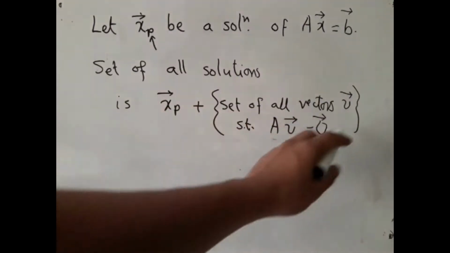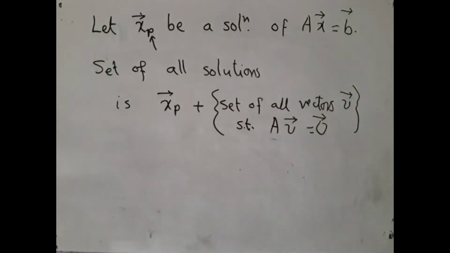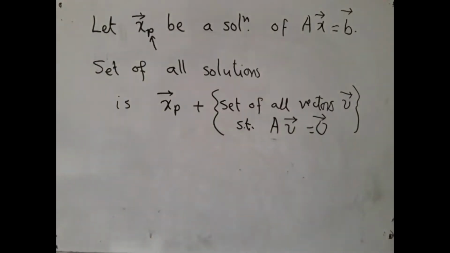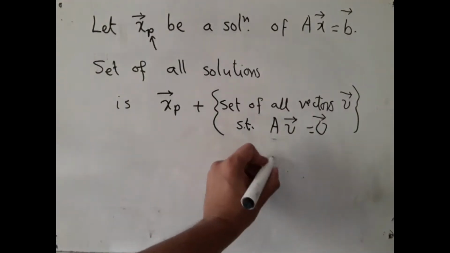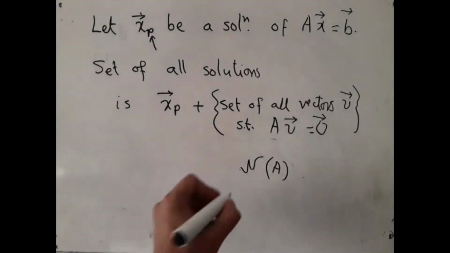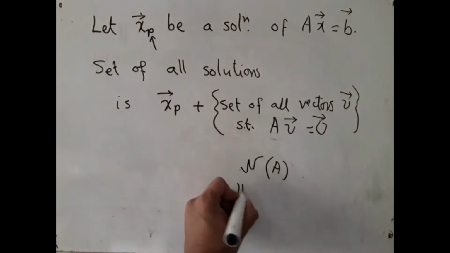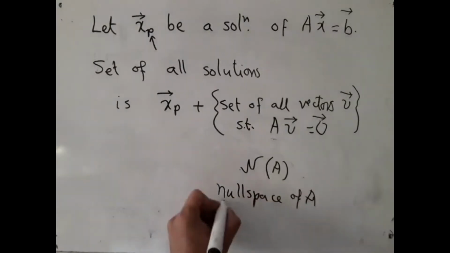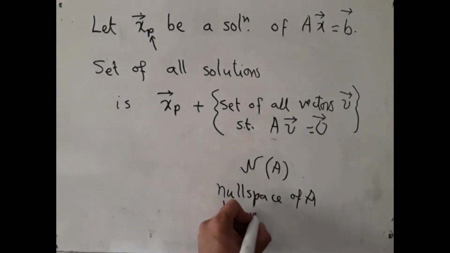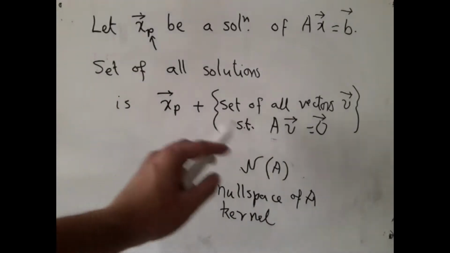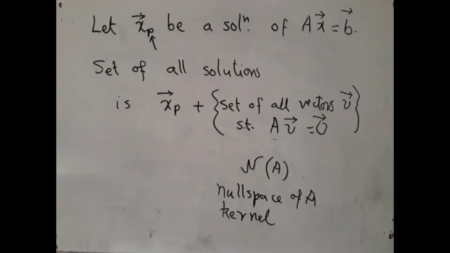Now this looks like a very big description, so people have made a shorthand for this. The set of all vectors v such that Av is equal to 0, we call that the null space of A, and we denote it by the script N of A. This is also called the kernel of A. So the general solution is any particular solution plus the null space of the coefficient matrix.